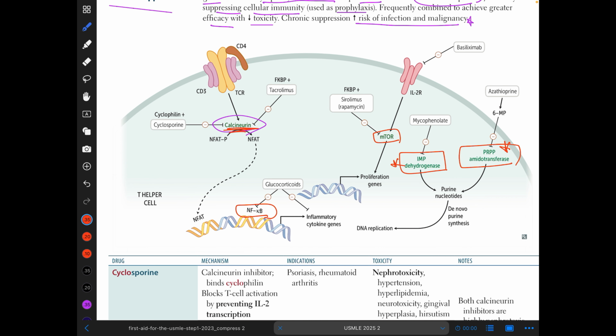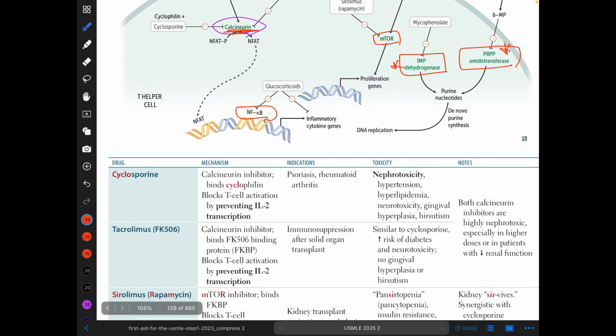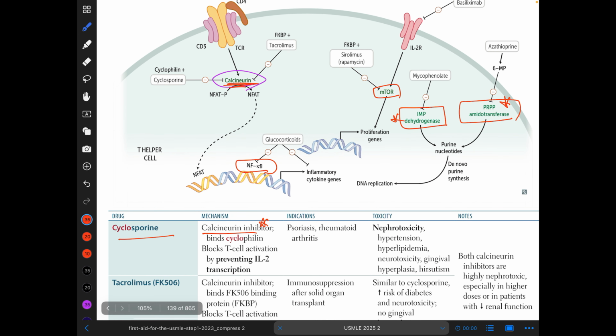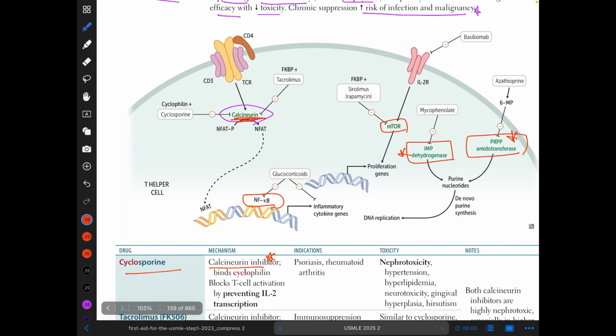First, we are going to start with cyclosporine. Cyclosporine is a calcineurin inhibitor. What is calcineurin? Calcineurin is a substance that is activated by cyclophilin or FKBP. For the activation of calcineurin by cyclophilin, we are going to block it with cyclosporine.